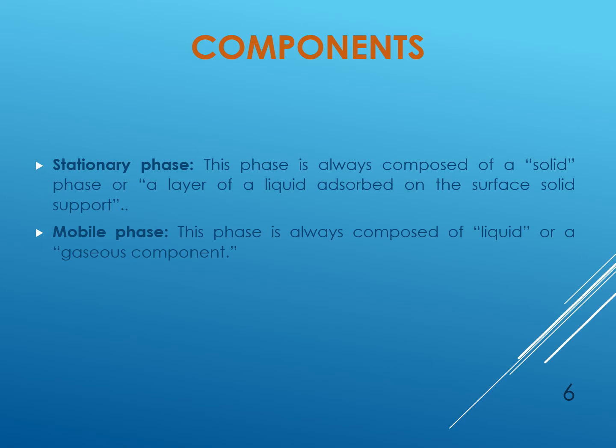So basically we are dealing with three components: the mobile phase, the stationary phase, and the separated components that are being separated from the mixture. First of all, we have the stationary phase. We can say that it is the static phase, composed of a solid or a layer of liquid absorbed on the surface of a solid support.